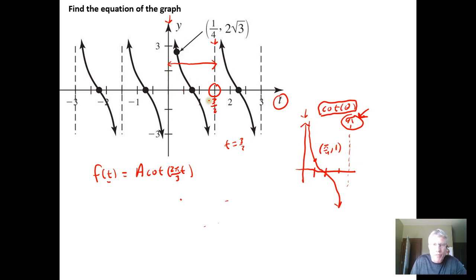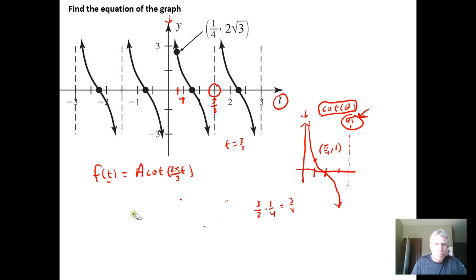So if I look here, I have 3/2. If I take a quarter of 3/2 to figure out what this first tick mark should be if things are evenly spaced, I would get 3/8. So usually you would have 3/8 and a 1, but here the point I'm given is not 3/8. So this isn't a point that's falling equally into 4 equally chunked spaces. So I'm not going to be able to use a special point on the cotangent function that I know offhand.